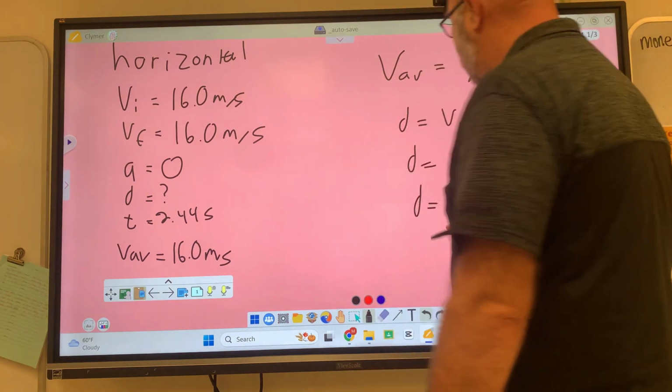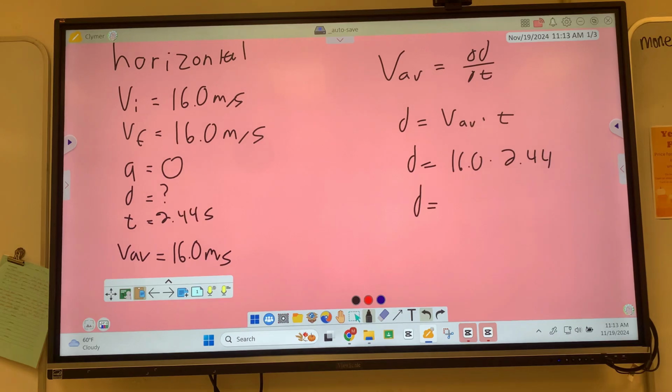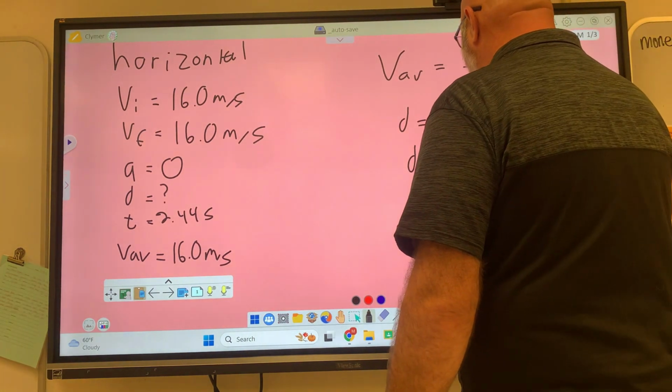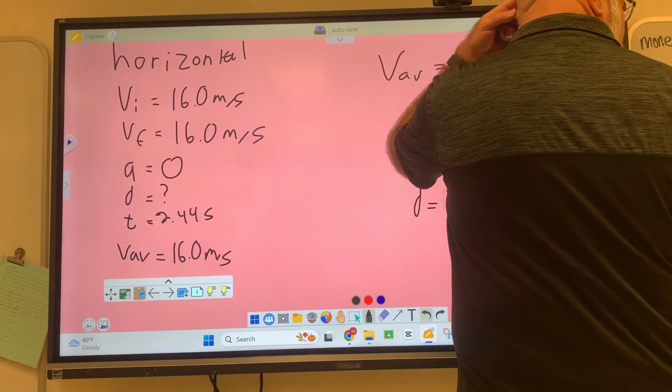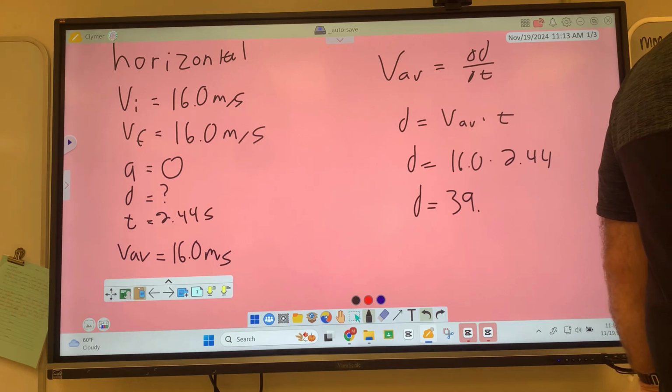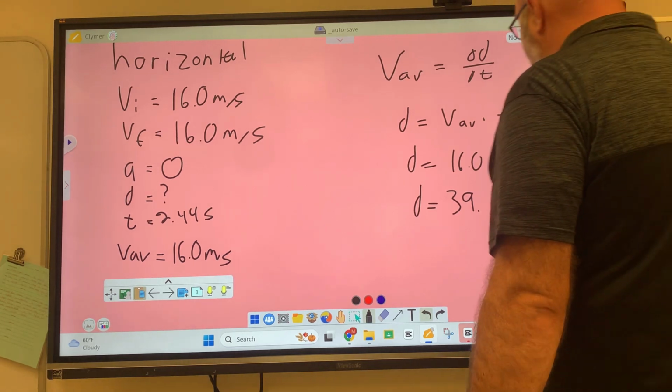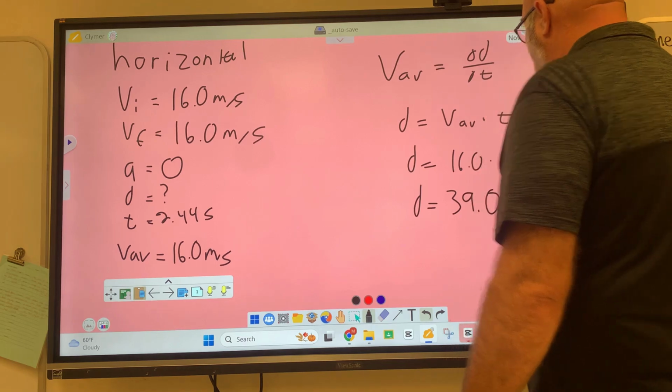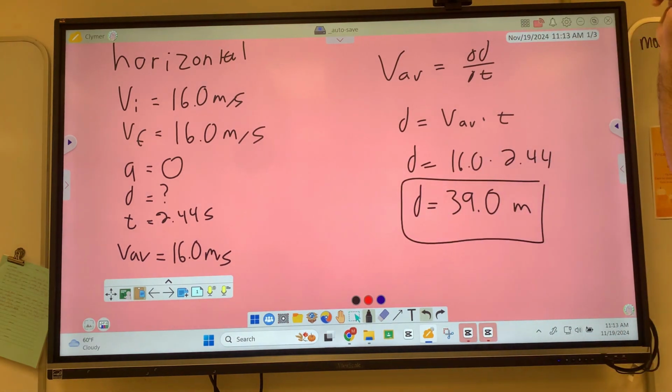Distance equals 39 point. Give me 3 sig figs. Okay, 39.0 meters is our third blip. Leave the fourth blip to you.